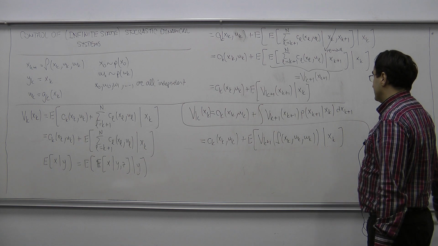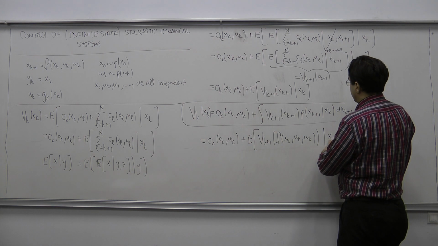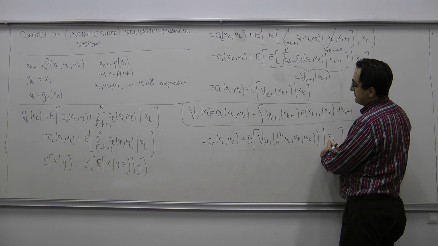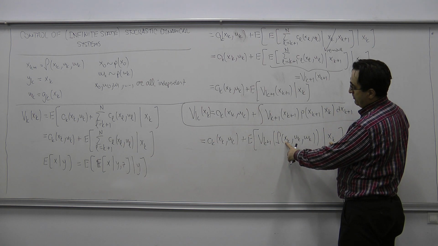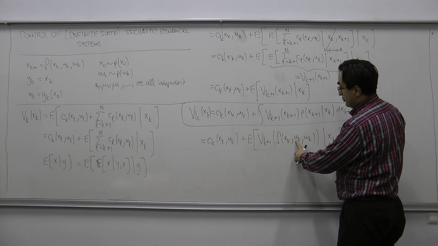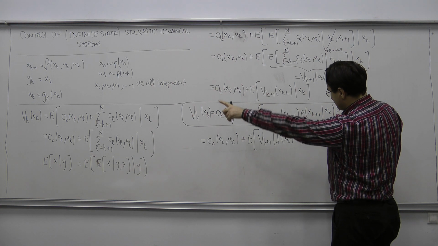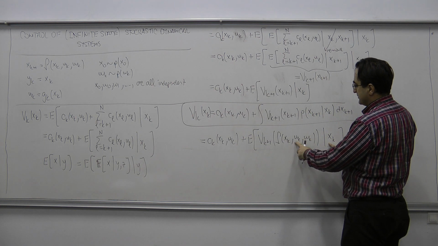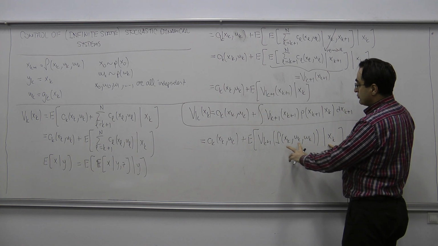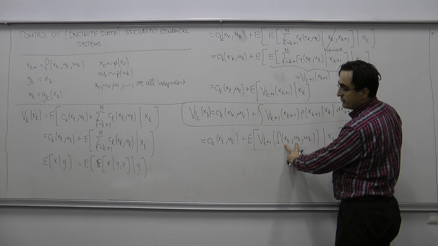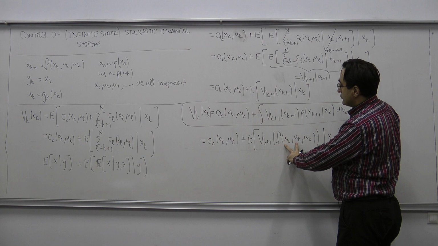So now things get really simple, because x_k is given to us. As a result, this term is deterministic. u_k is given to us in the Markov feedback policy, so u_k is also given to us, given x_k. So these two terms are deterministic.